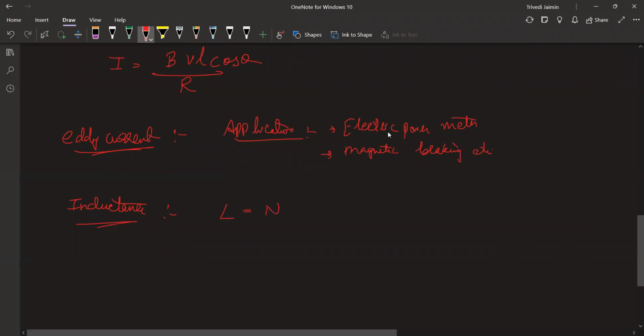L equals N phi by I. So self-inductance EMF equals minus L di by dt. So the unit of L is Weber per ampere or Henry.